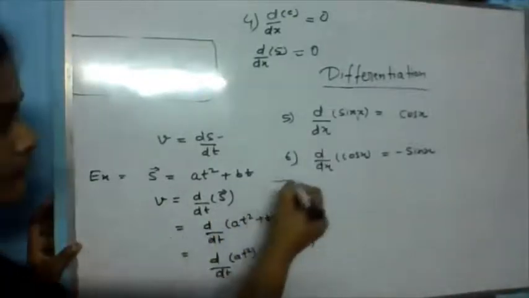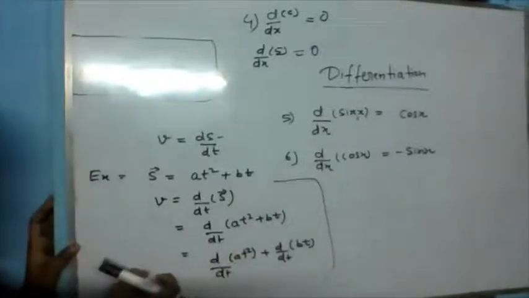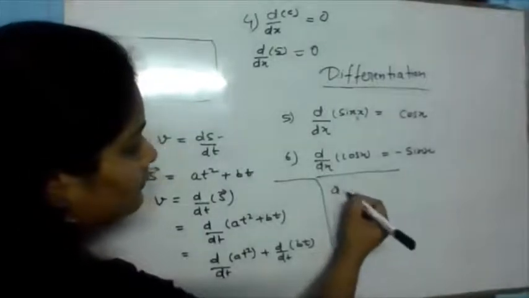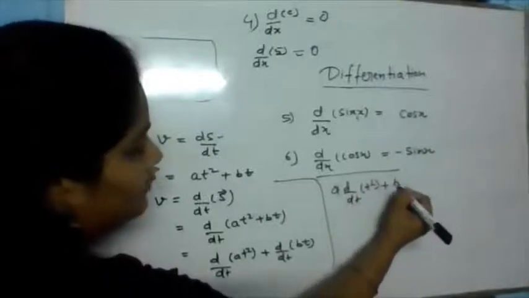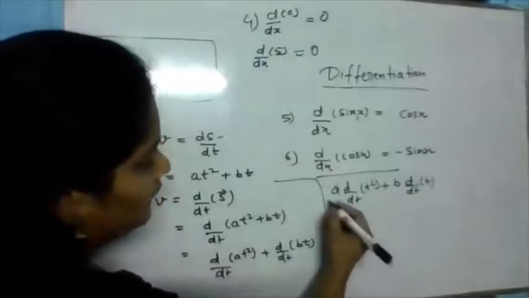Now see, a is constant here, so we take out this constant a, d upon dt of t square, plus b is constant, so just take out this constant, d upon dt of t.